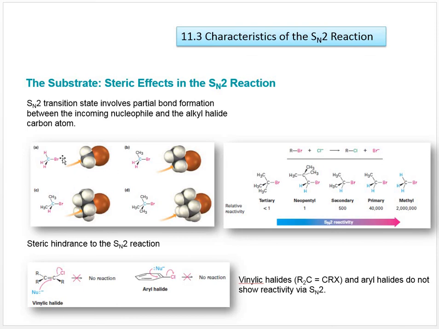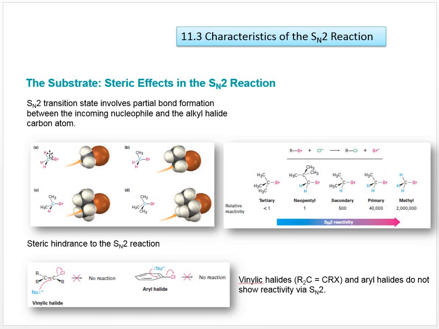Let's look at here. If we have methyl bromide, what's going to happen? A nucleophile has to approach from the back and has to replace the leaving group, right? Since we have 3 small hydrogens around the electrophilic carbon, sterically it's very open for the nucleophile to approach.